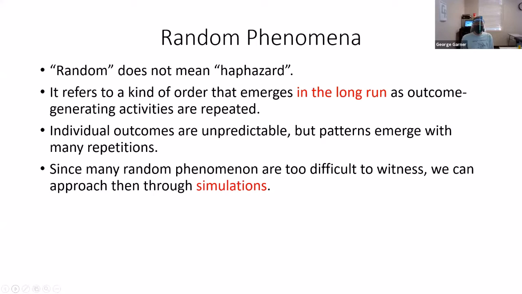So random phenomenon, whenever I picture something that's random, I always picture a box with the theory of molecular motion inside, with all these little balls going every which way, kind of haphazardly. And it may seem that as you deal with random phenomena you'll get that impression. But what happens is you're going to see a kind of order emerging in the long run as outcome generating activities are repeated.